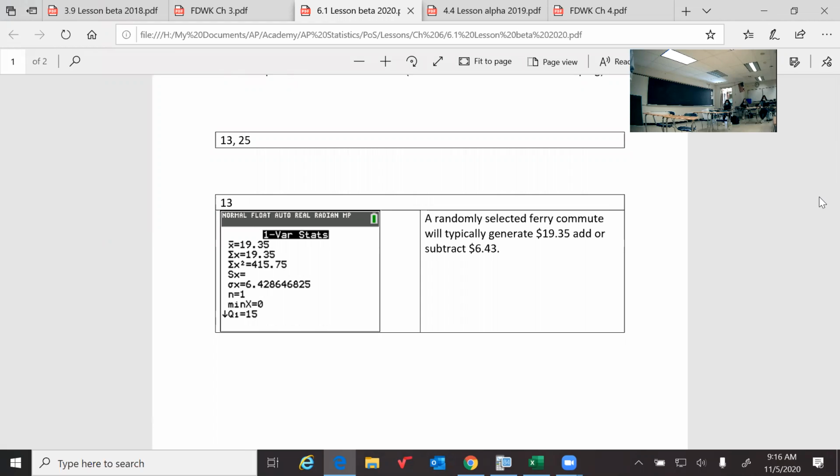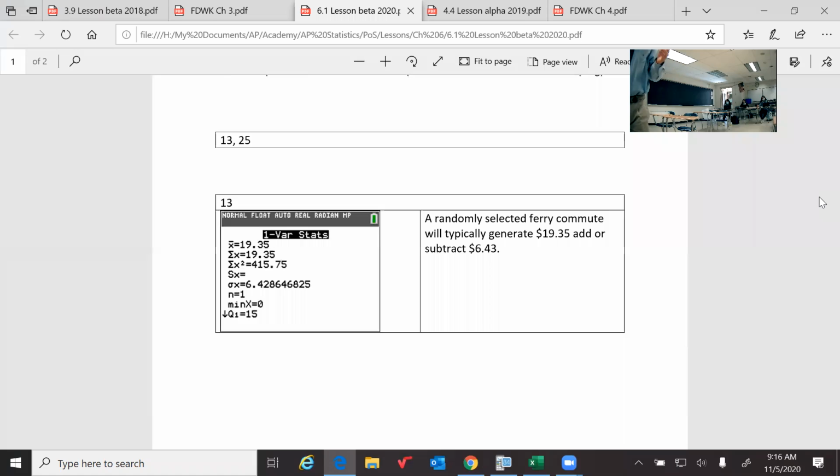Well, what is the step and what does it mean? So the center is 1935. That's how much money he brings in doing this on average. Add or subtract, it typically varies by about $6.43 from there.